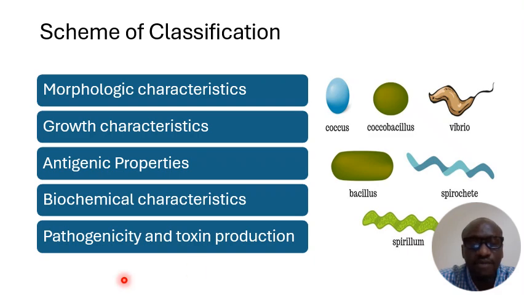We have the Coccobacillus. We also have the Vibrio, then we have Bacillus, Spirochete, and Spirillum. These are shapes of bacteria under the microscope, and they help us to differentiate them from one another.